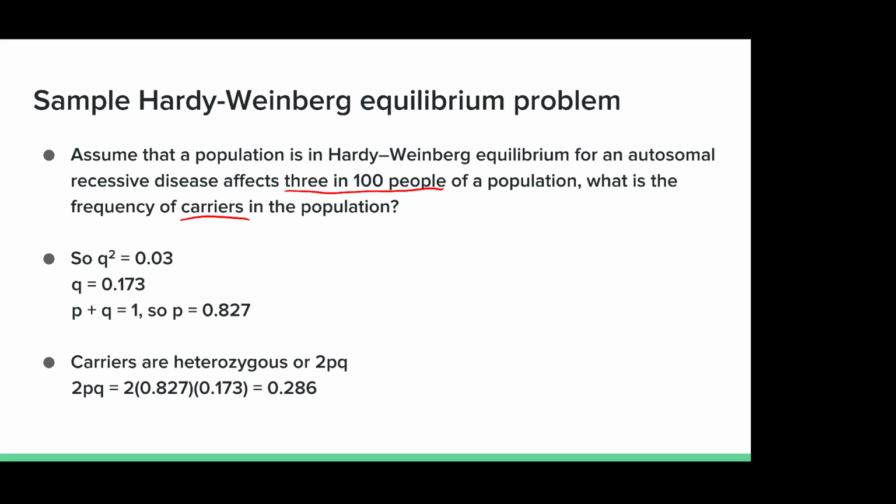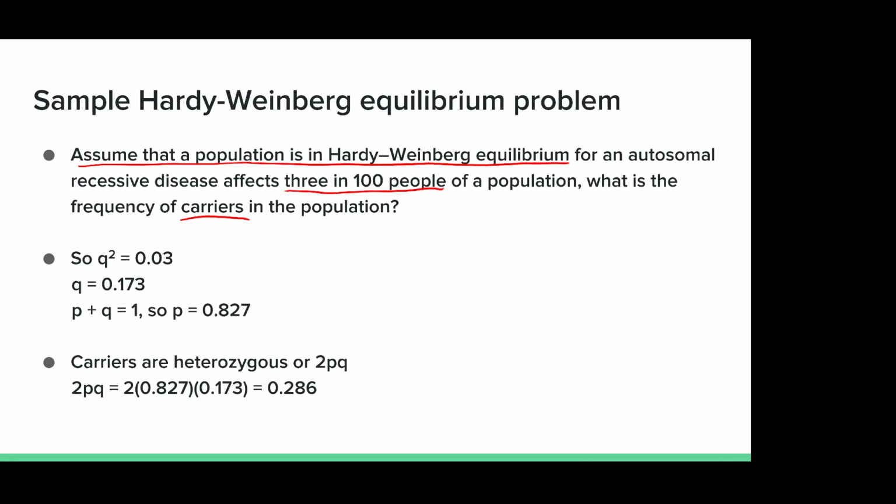Please note that they must state that you are to assume a population is in Hardy-Weinberg equilibrium. If that is not the case, these equations will not necessarily work. They may, by chance, but they don't have to. So it must always be stated.